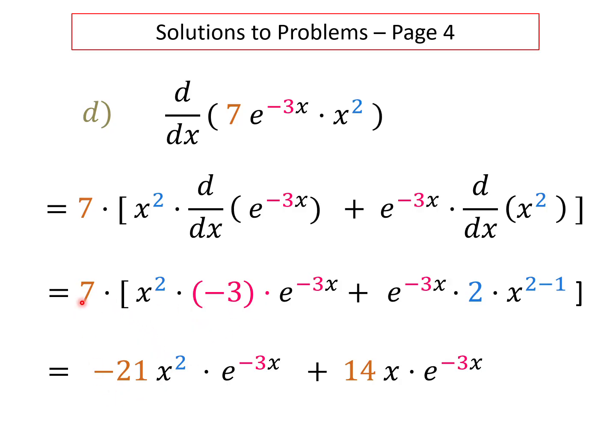We are keeping the color for simple coefficient constant as brown, and this blue color for x to the power and pink color for e to the power x, coefficient of x. Again here 7 into 2, 14, x^(2-1) is x, e^(-3x). So this is the final result.